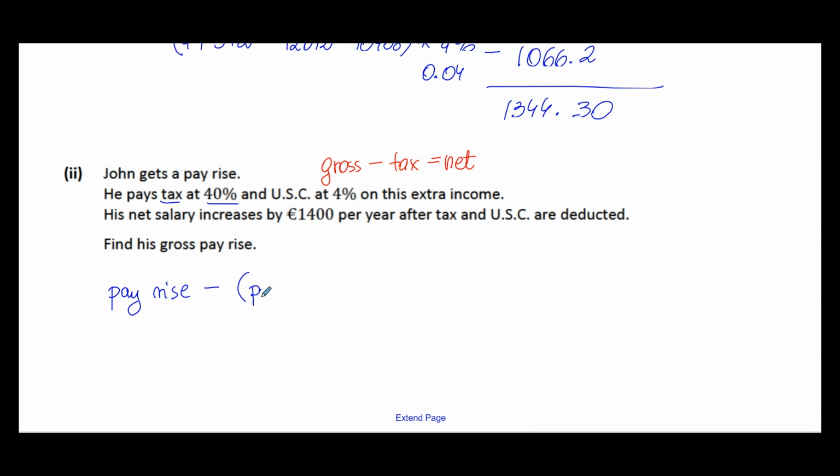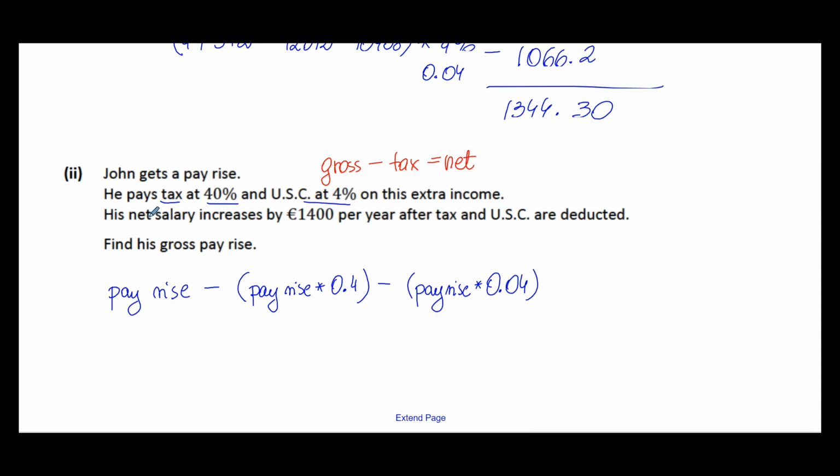We will take our pay rise and we multiply that by 40% or 0.4. And then there is another tax. So we again going to take away, now this time USC is at 4%. So again, we take pay rise and we multiply that by 0.04 this time. So that's one tax, the other tax.